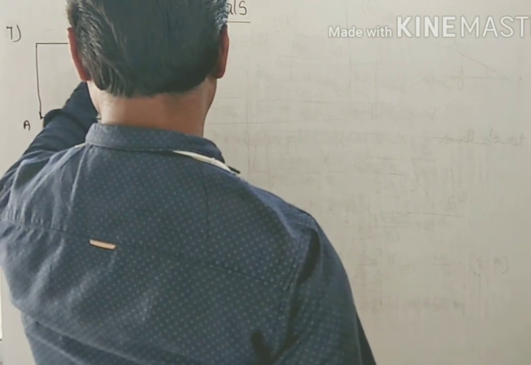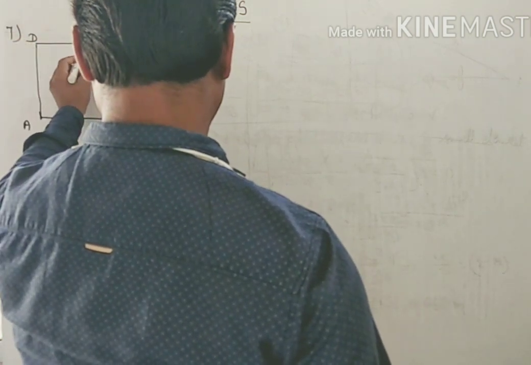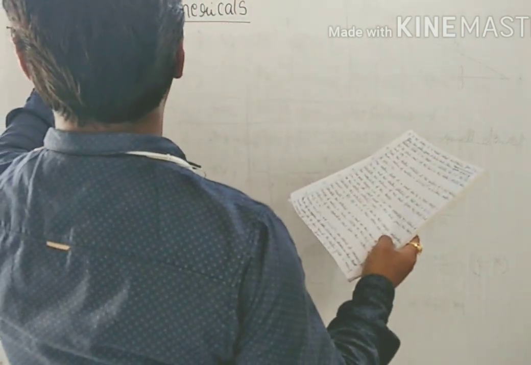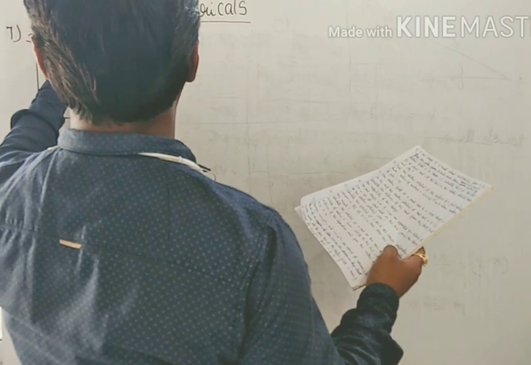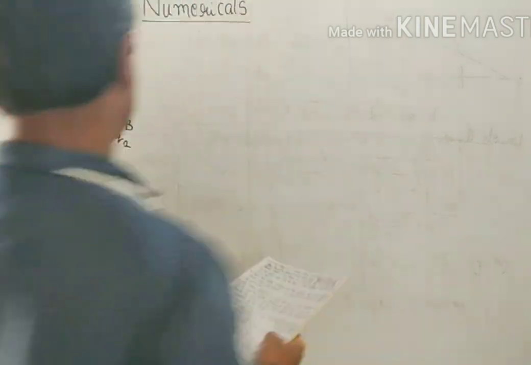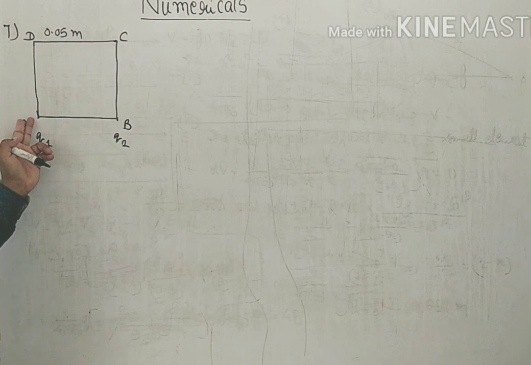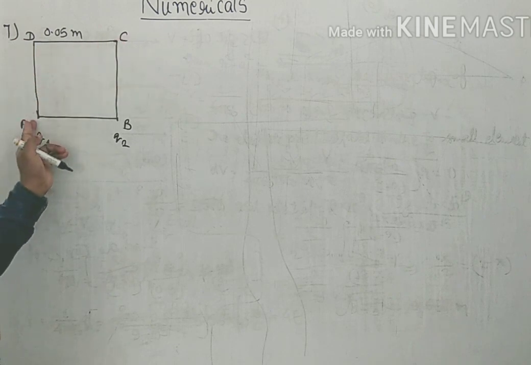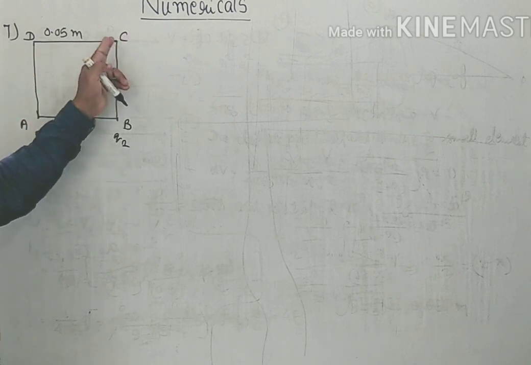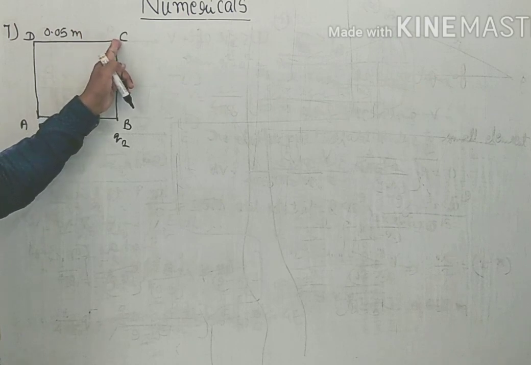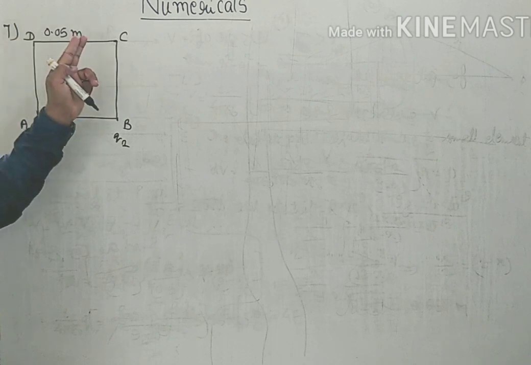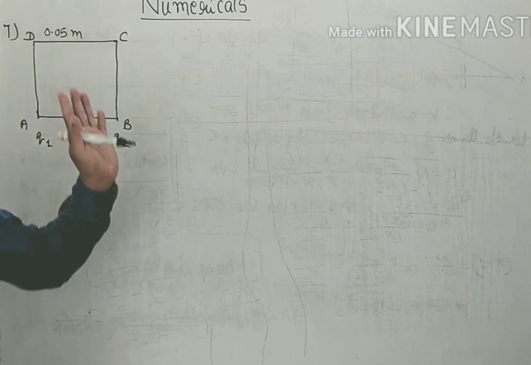So this is point C, this is point D, and the side is given to be 5 centimeter, 0.05 meter you can call it. Actually we will be writing the potential at D due to this and this, and potential at C due to this and this, and later on the total potential at C and total potential at D will be subtracted so that we can have the work done.